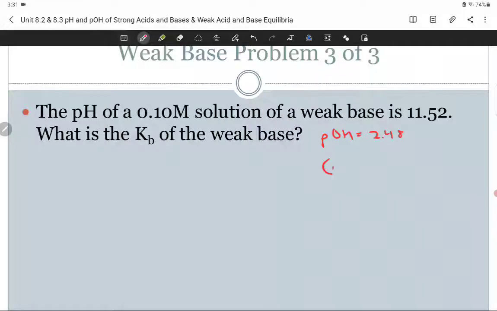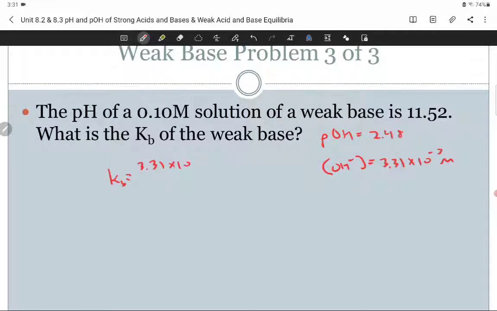And if we have a pOH, we can get to a hydroxide concentration by taking the negative antilog. And again, our setup was the same as the previous question, just the previous question we solved for the initial concentration. This time we're solving for Kb.